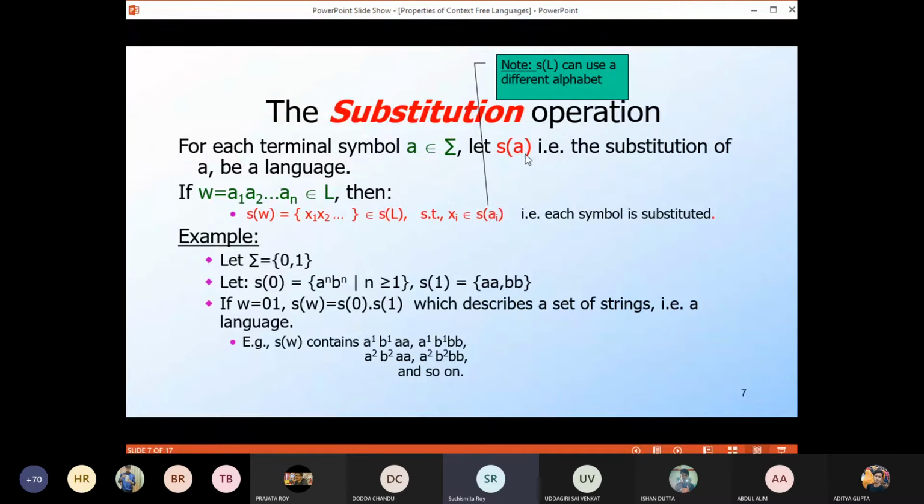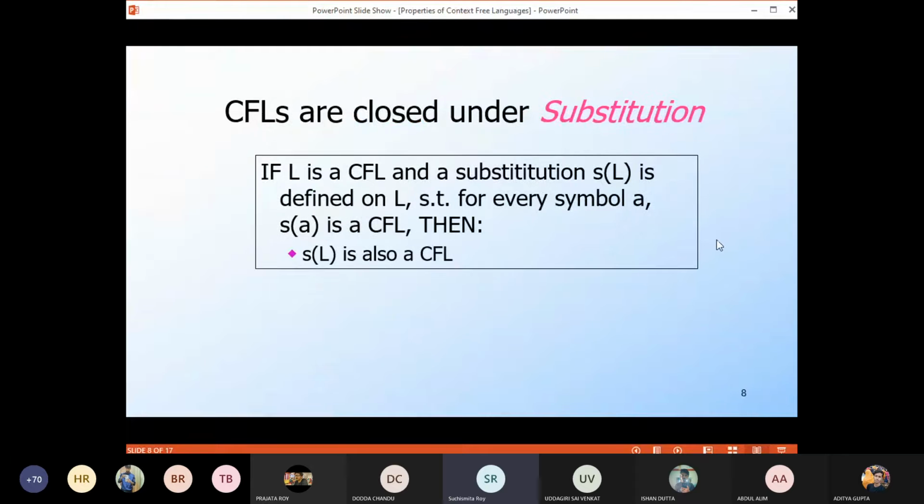Now we put the restriction that this substituting language is a context-free language. It can be a regular expression also, it can be a context-free language, it can be just a set of strings as given here. If it is a context-free language and can be produced by a grammar, then the substituted language is also going to be context-free. So this is the definition of the substitution operation in case of context-free languages.